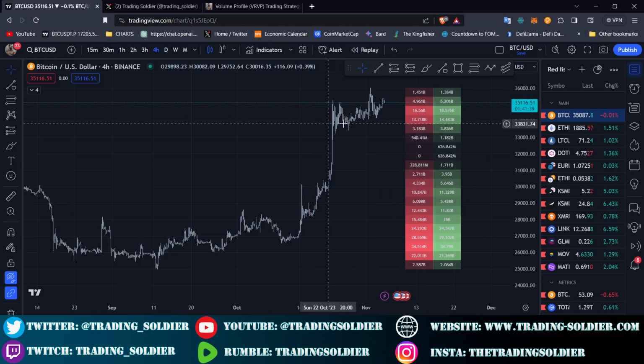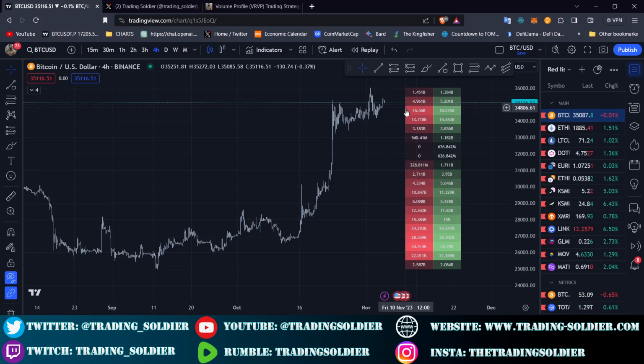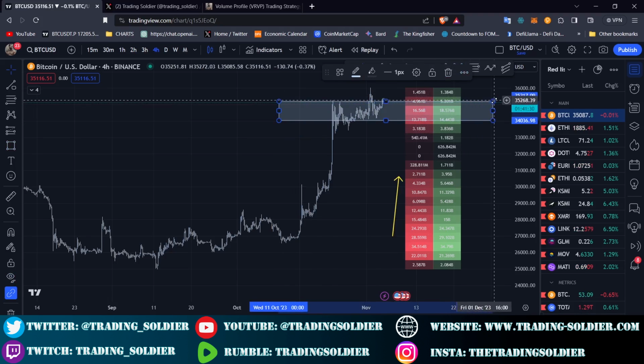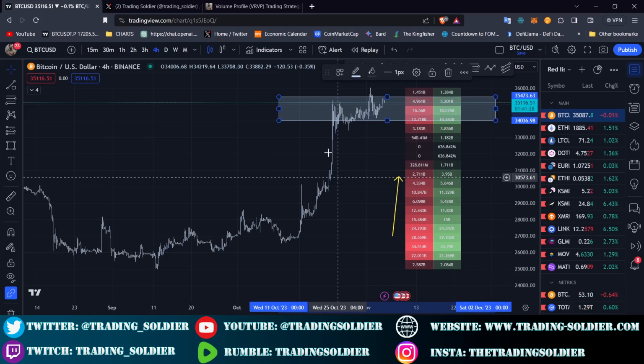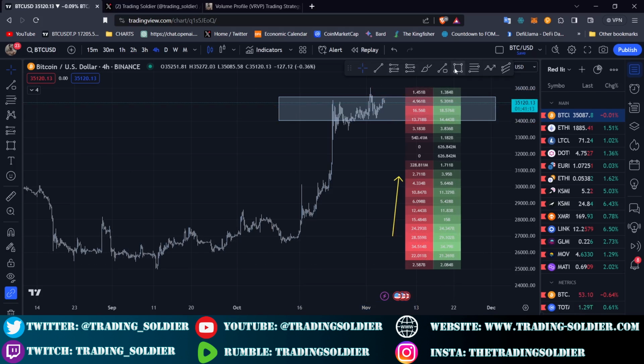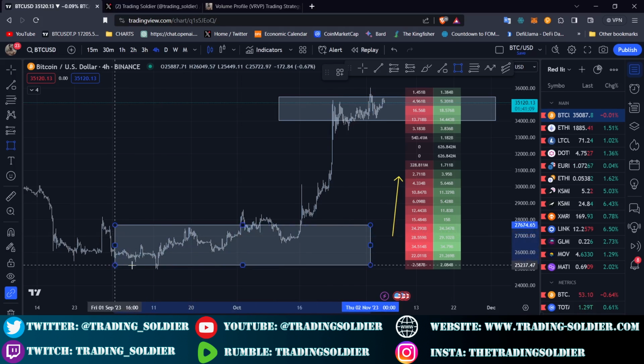These are areas where a lot of volume has been transacted, so we can consider all this area that you can see here as a resistance area, because a lot of volume is being transacted here. Also, if you go back here, you see 29 billion, 24 billion, 34 billion, 21 billion. You can also highlight all this area.